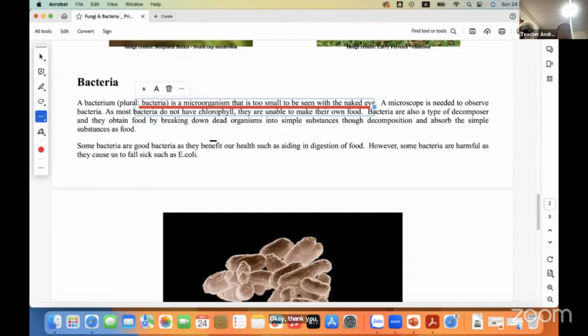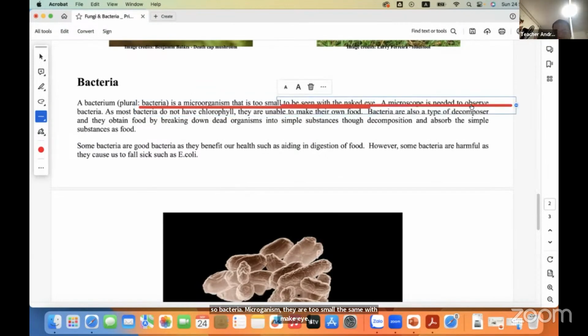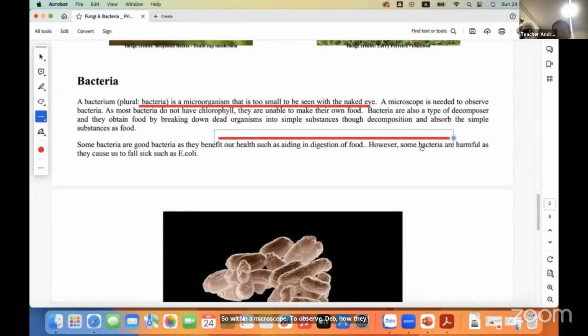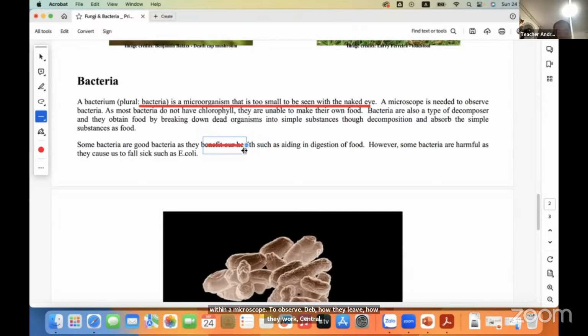Bacteria are microorganisms. They are too small to be seen with the naked eye, so we need a microscope to observe how they live, how they work, etc. Because most bacteria don't have chlorophyll, they are unable to make their own food.